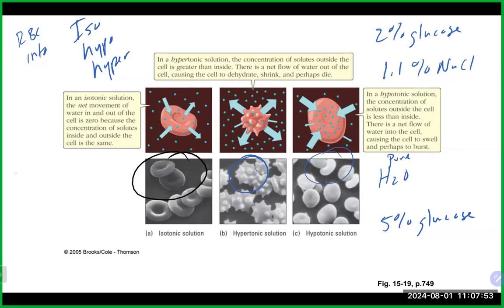All right, so let's take a look. So we'll start with isotonic. Again, 0.9% sodium chloride, 5% glucose, basically. So these are isotonic, and it is as simple as either it is that number or it's too high or too low. So if we start with 2% glucose, that is less than our 5%, which is isotonic.